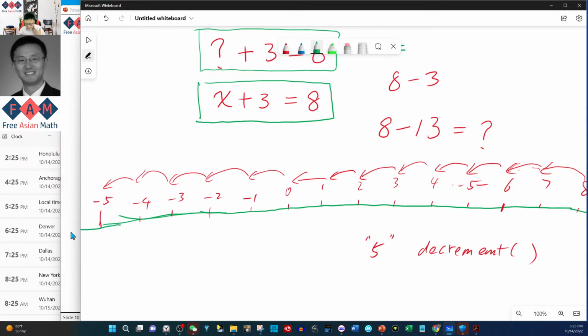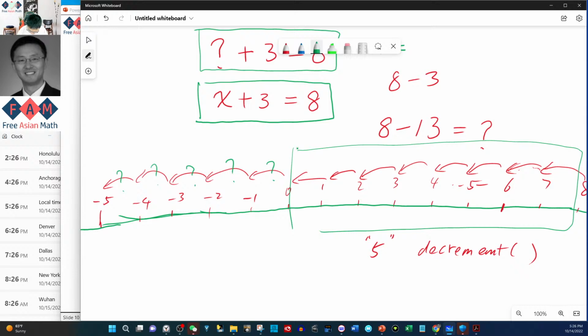But more importantly, we want to understand that this decrement operation, once we go into the negative part of the number line, should be consistent with what we already had. That is, all the decrements on this part should mean exactly the same thing.